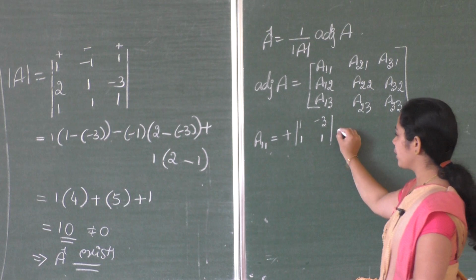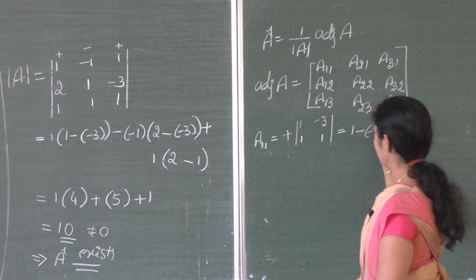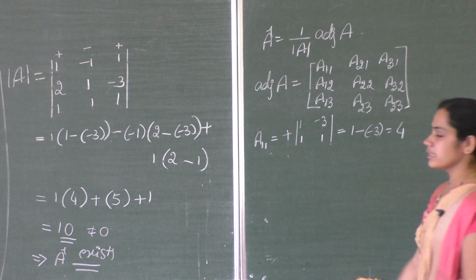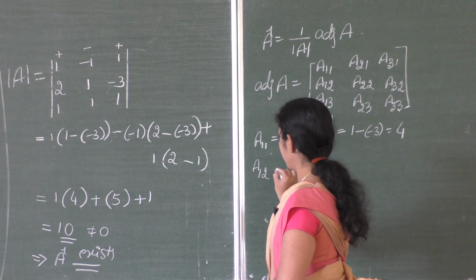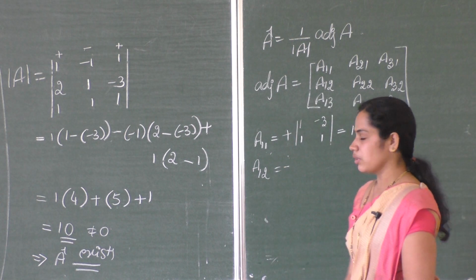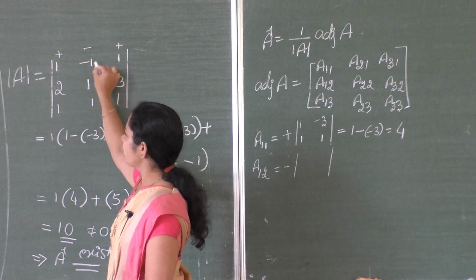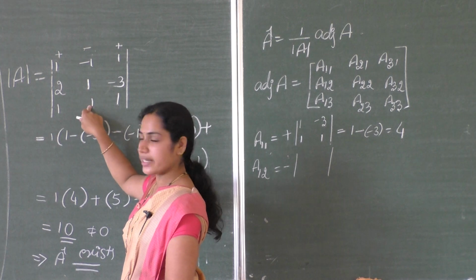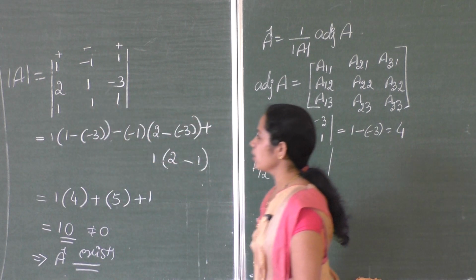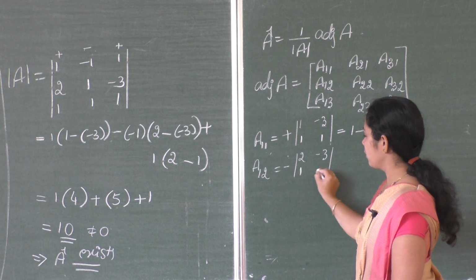This is equal to 1 minus -3, that is 4. Next, A12 is negative: minus of the cofactor, delete first row and second column, what is remaining? 2, -3, 1, 1.